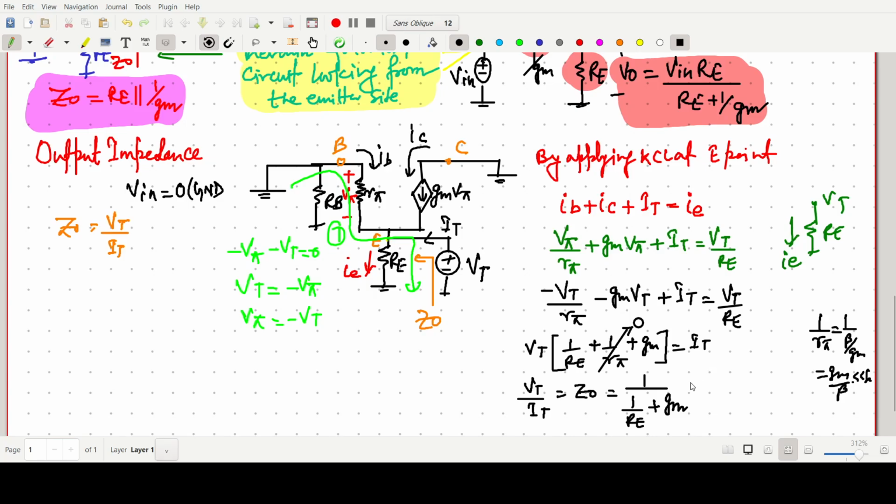This can also be written, if we put Re up, as Re by (1 plus gm Re).